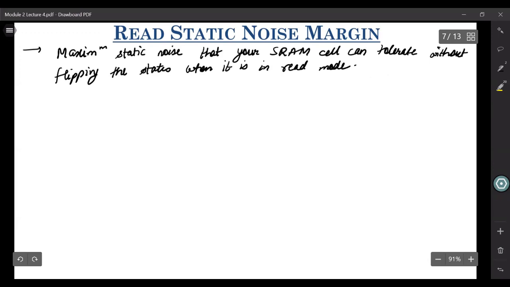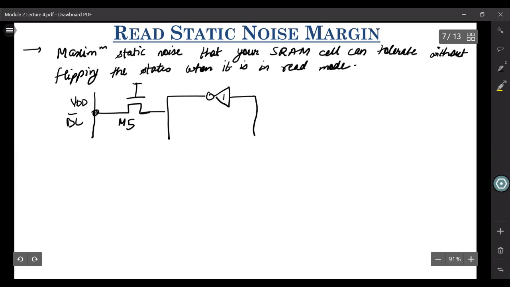So what is the effective circuitry when it is in the read mode? Let us draw that. You have this, let's call it bitline bar. This is precharged to VDD. We have this access transistor M5. Then we have this cross-coupled inverter here, so we have inverter 1 and inverter 2.